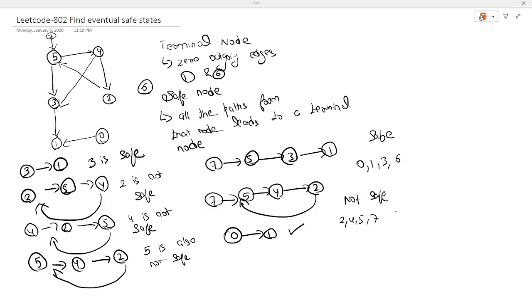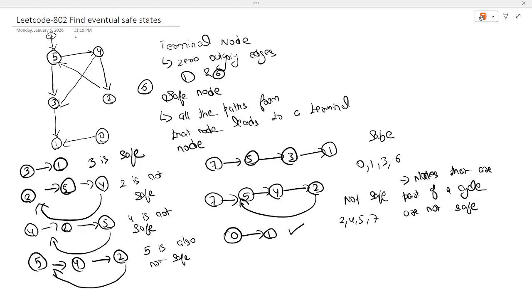So we can conclude that all the nodes that are part of a cycle in a graph are not safe nodes. As you can clearly see in the graph, there is a cycle.